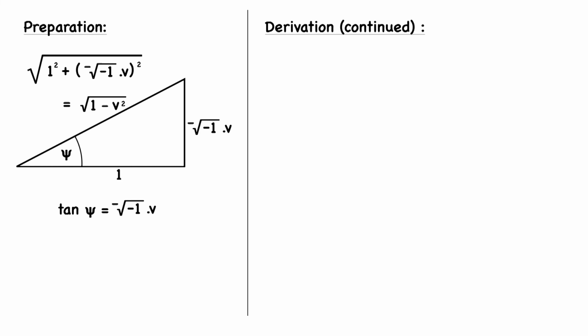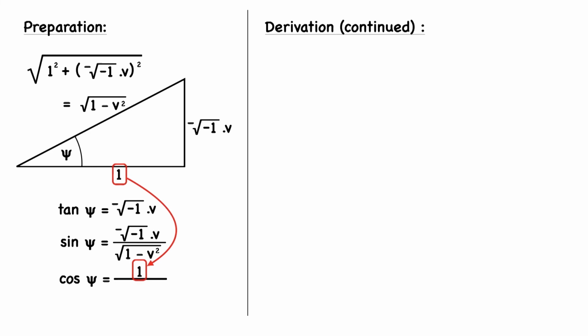I now have terms for all three sides, so I can go ahead and write equations for the sine and cosine of psi. Let's do the sine first, which will be this side divided by this side. And for cosine psi, that would be this side divided by this side.